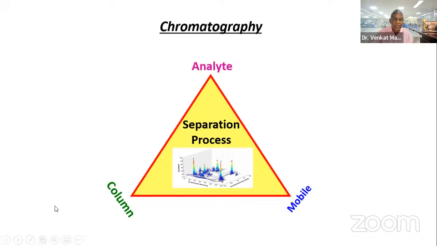The moment the dislodging occurs, the analyte gets separated. Such a process is called the separation process. Okay, good. For that, what should I do? I should know my sample very well. What are the things I should know about the sample? First question: do you know the structure of your sample?